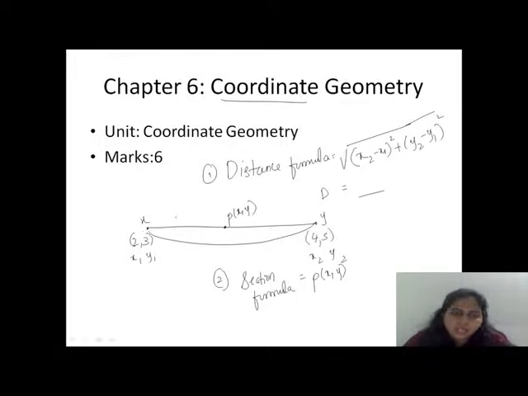They will tell you that this line segment is divided in the ratio m1 and m2, and ask you to find the point which is dividing this line. Sometimes they will give you m1 as 1 and m2 as 2. For this, I think it's better if I write the section formula on the whiteboard.